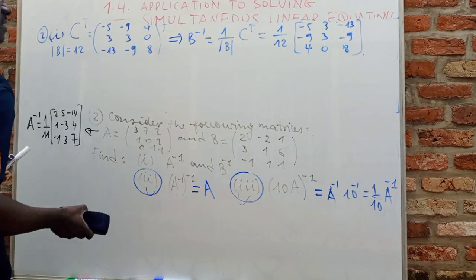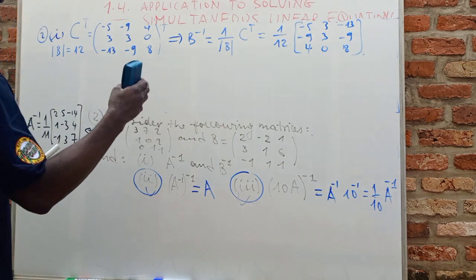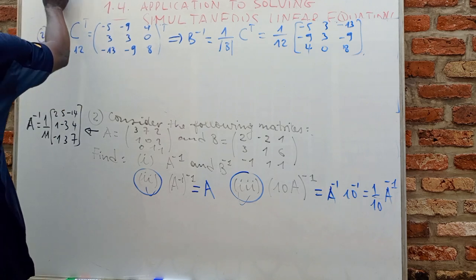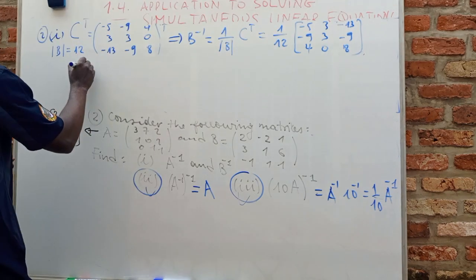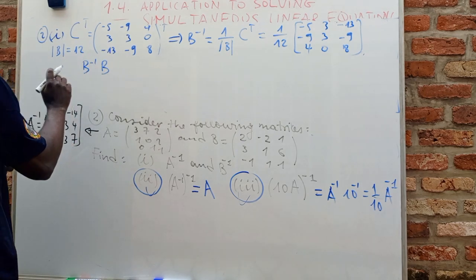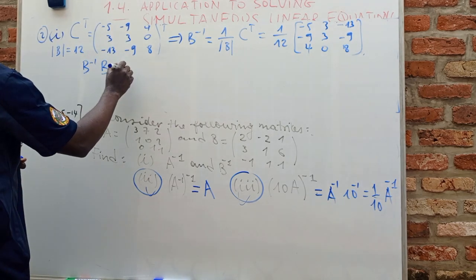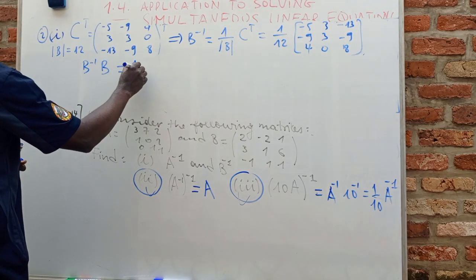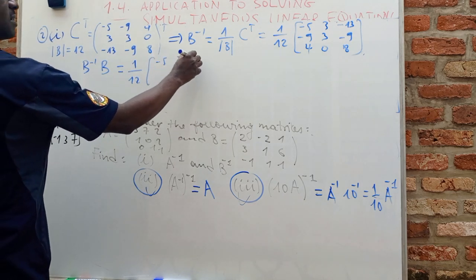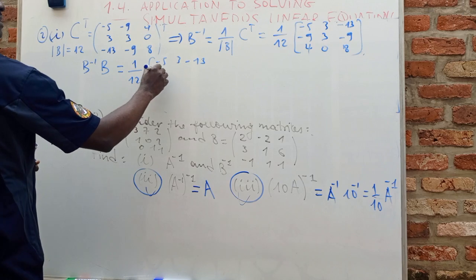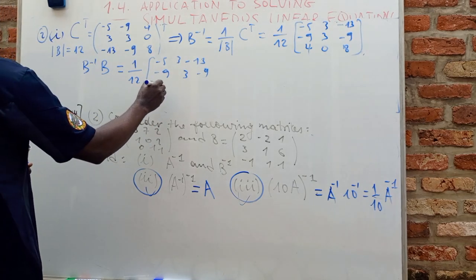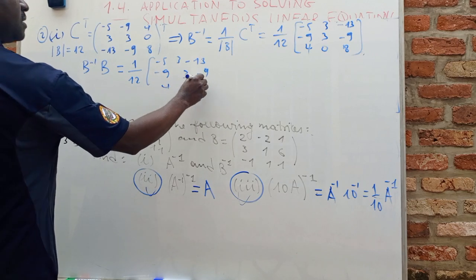But as I'm not sure if those calculations are correct, I have to check if the inverse times the matrix B is the identity. So I will have 12 here, with rows negative 5, 3, negative 13; negative 9, 3, negative 9; 4, 0, 8.